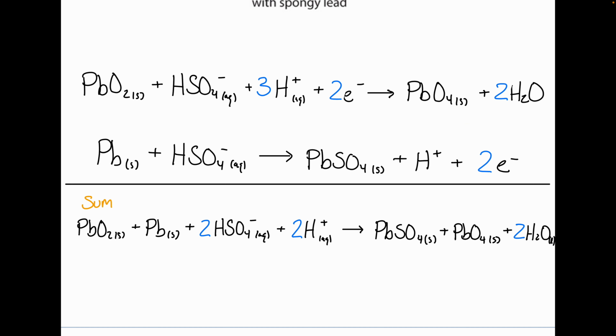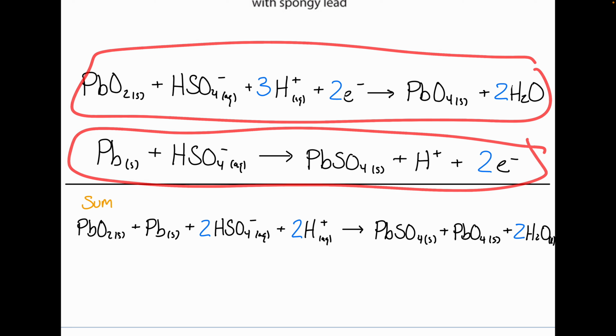All right. Importantly, and this is kind of the most important thing that I want to make sure we can do here, is figure out what's being oxidized, what's being reduced, and thus what must be our anode and what must be our cathode. So our anode here would be that spongy lead. Which reaction is going to be our oxidation reaction, the top reaction or the bottom reaction?